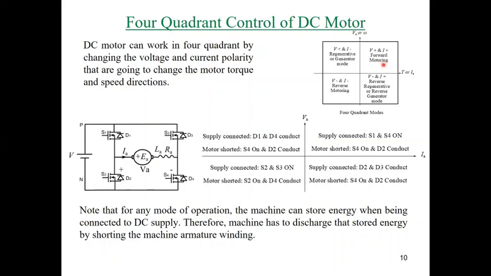If we reverse the torque, the machine will work in a mode called regenerative braking, or working at steady state, it will work as a generator. Also, in the third quadrant, where torque and speed are reversed, the machine will work completely as a motor in the reverse direction. So we call this mode reverse motoring. And in the fourth quadrant, the torque is positive and the speed is negative.